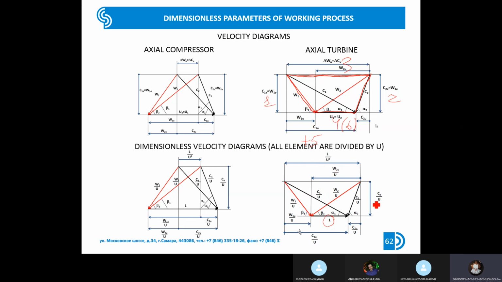And let's look carefully at the height of the triangle. We receive the height of the dimensionless triangle equal to CA divided by U. Such a parameter is called the flow coefficient, because CA deals with the mass flow rate. That's why it's called the flow coefficient.